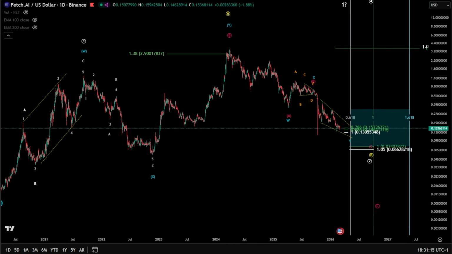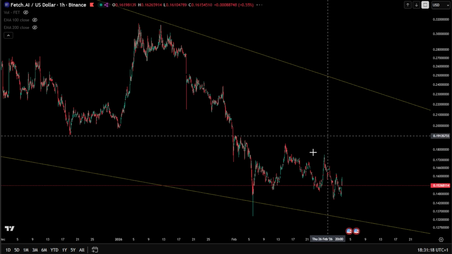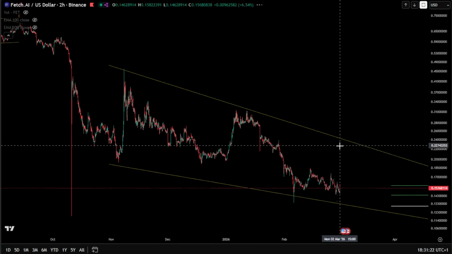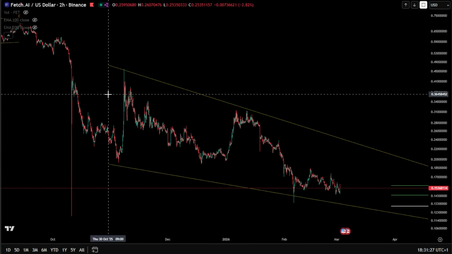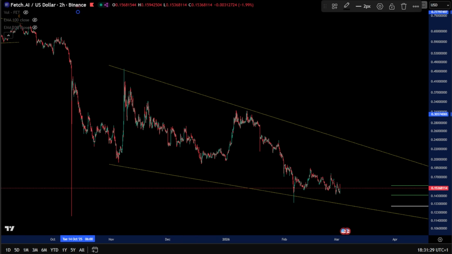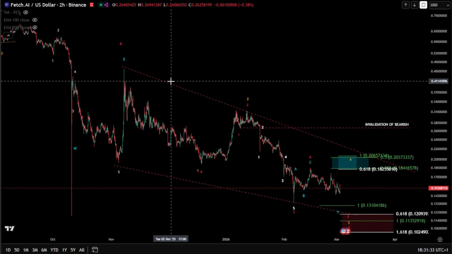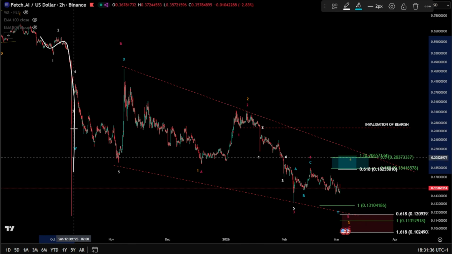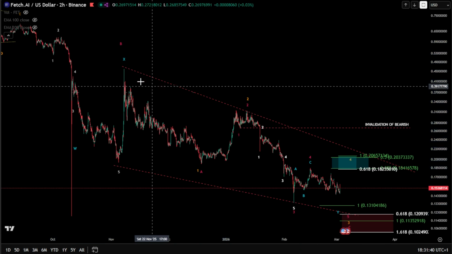Okay, so let's dive inside it on the 1 hour chart here for FET, or I would say, okay, let's put it at 2 hours because the 1 hour is somehow choppy for FET. So on the 2 hours chart here, we are still looking at our following count, which can be the diagonal, where you have a potential W, 3 waves, an X and a wave Y, which can of course be an ABC there.